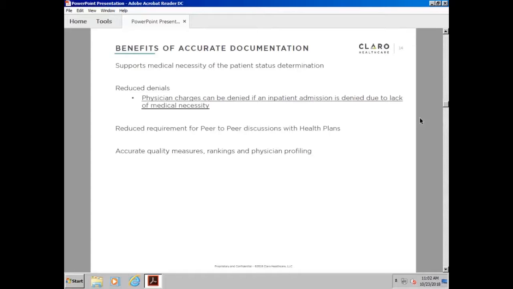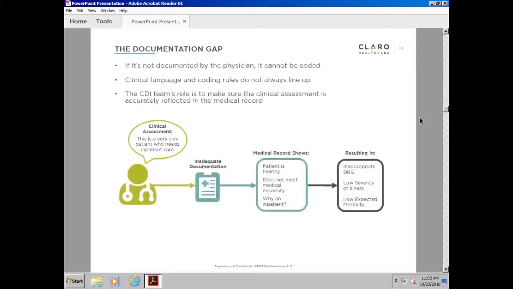So here is an example. This patient is really sick and needs inpatient care. Inadequate documentation, because we're just going off of that one piece of paper, and that's what outside agencies, even health plans that we're sending these clinicals to, are seeing. They say, no, the patient's healthy, does not meet medical necessity.